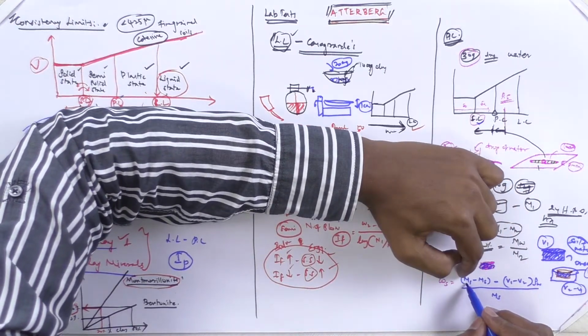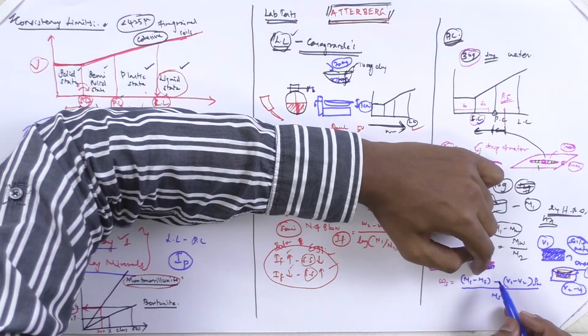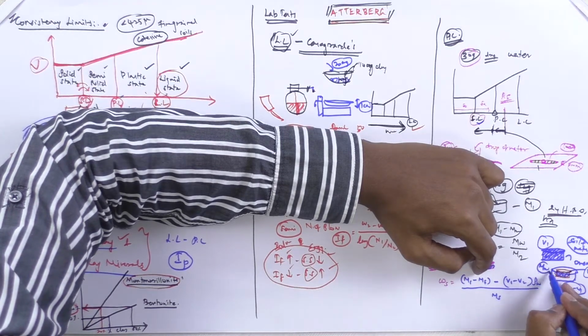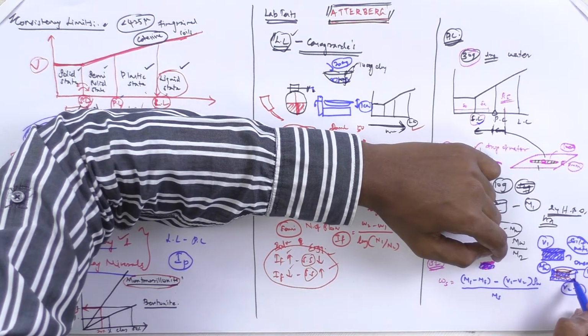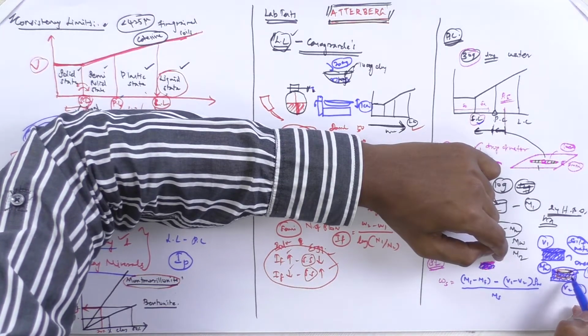Now m1 minus m2 will give you the total mass of water. Now this is a shrunk volume. So what is the water that can occupy this shrunk volume?